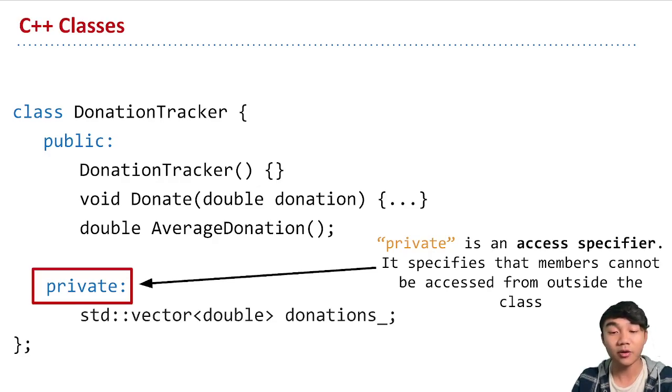So in this case, we have the donations underscore variable, which is a private vector, right? That means this donations variable can only be accessed from within the donation tracker class. So we can access it from the donate function or the average donation function, but we can't access it anywhere outside. Externally, we have no permission to access the donations vector.